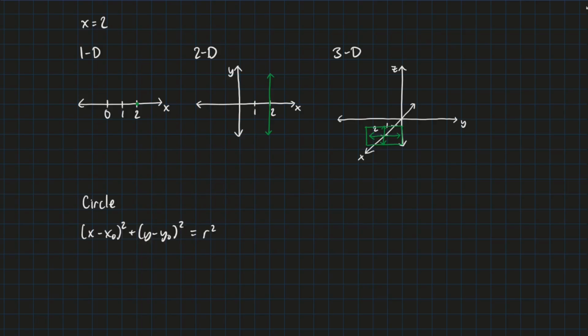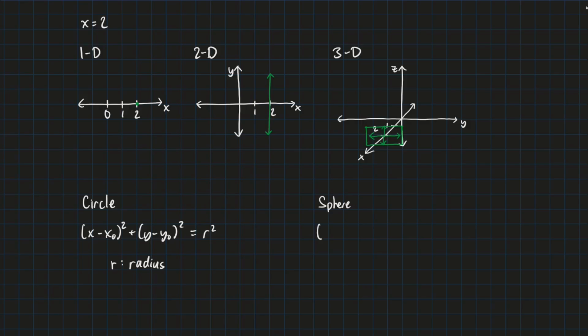In 2 dimensions, the circle formula is x minus x naught squared plus y minus y naught squared equals r squared, in which r is the radius. In 3 dimensions, we can have an equation of a sphere. And this is really similar to the previous equation.